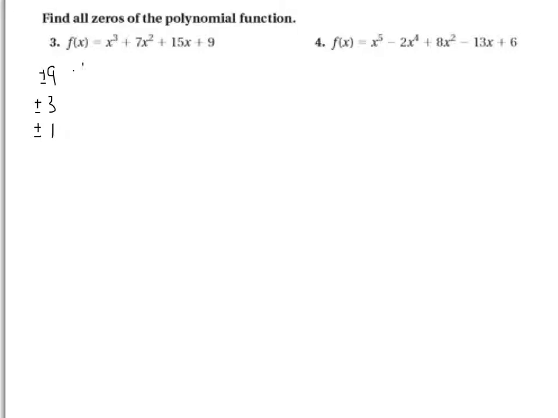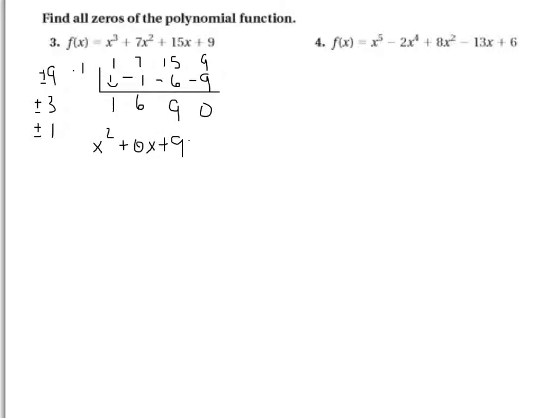And remember, we do synthetic division. 1, 7, 15, 9. Bring down the 1, -1, 6, -6, 9, -9, 0. That's 1, not 11. So I'm left with x squared plus 6x plus 9 equals 0.